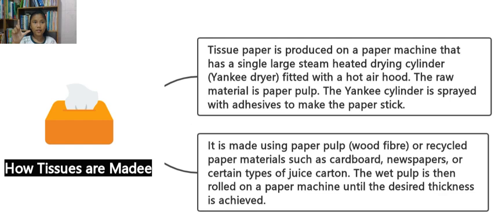Then, after the papers are selected, the papers would be put into a kind of pattern that makes sure that when we use it from boxes, when we pull one piece, there's another piece coming up for the next time you need to use the tissues. People are always scared of that. Then it goes into the packaging part.